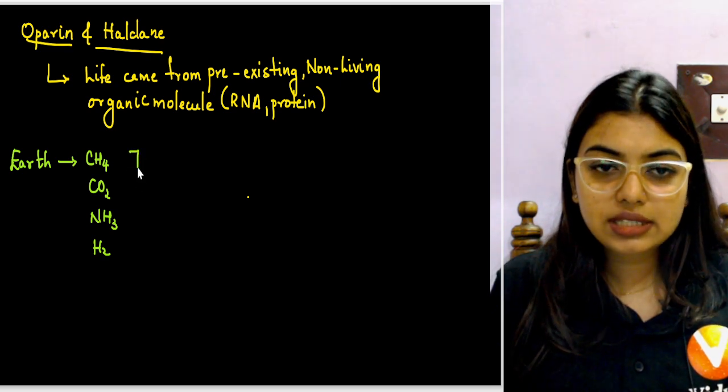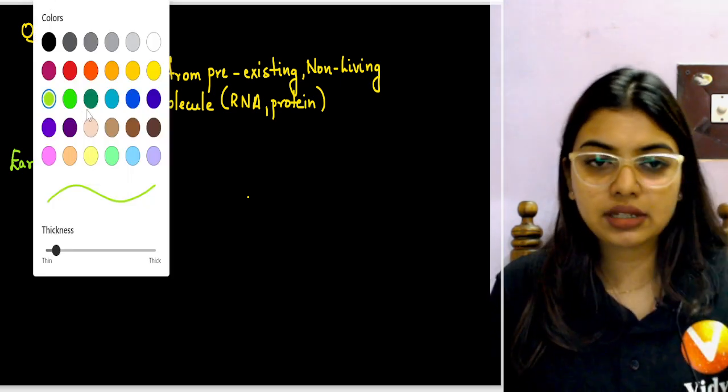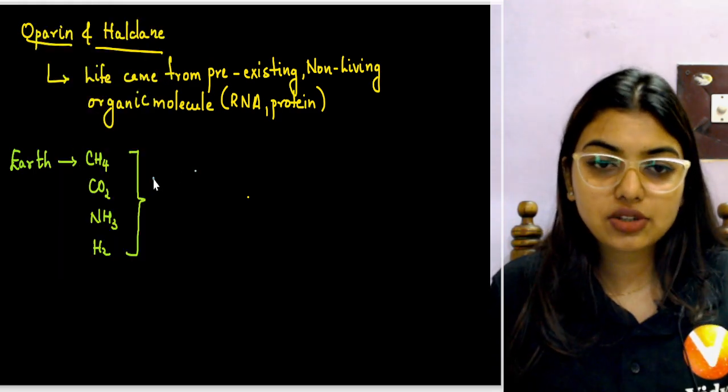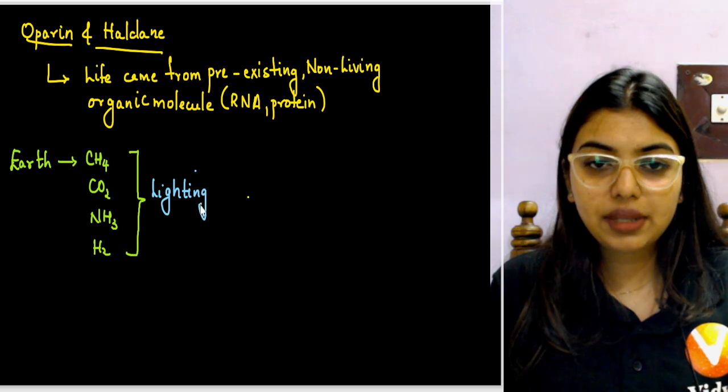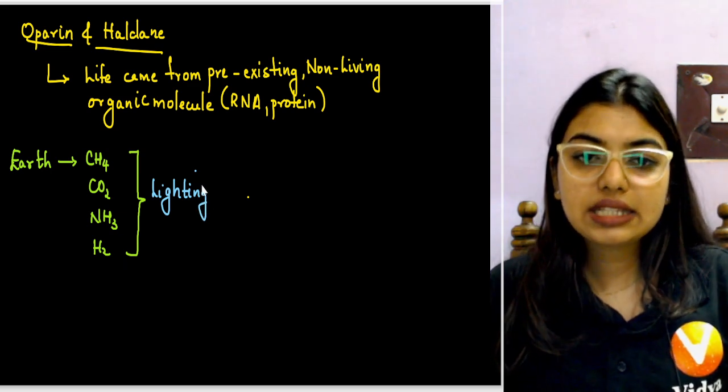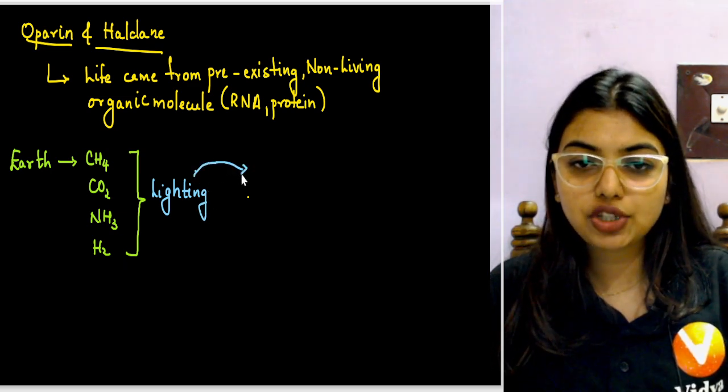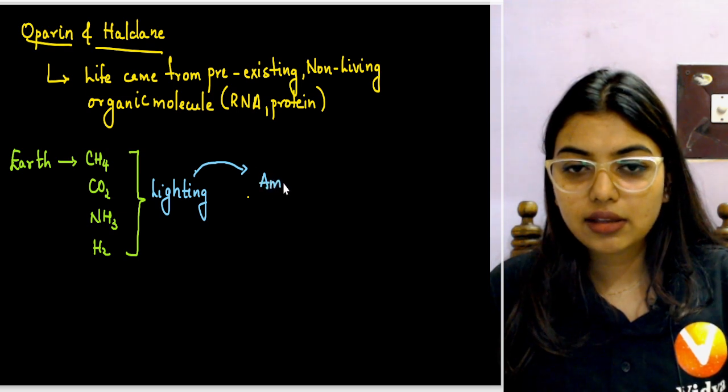Now, they believed that lightning happened, a big storm of light hit them, like we understood before with UV light. And this lightning led to the formation of amino acids.